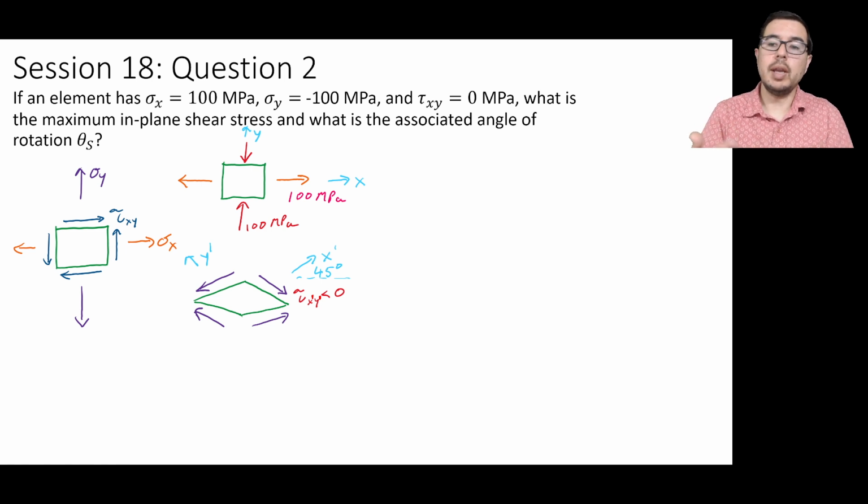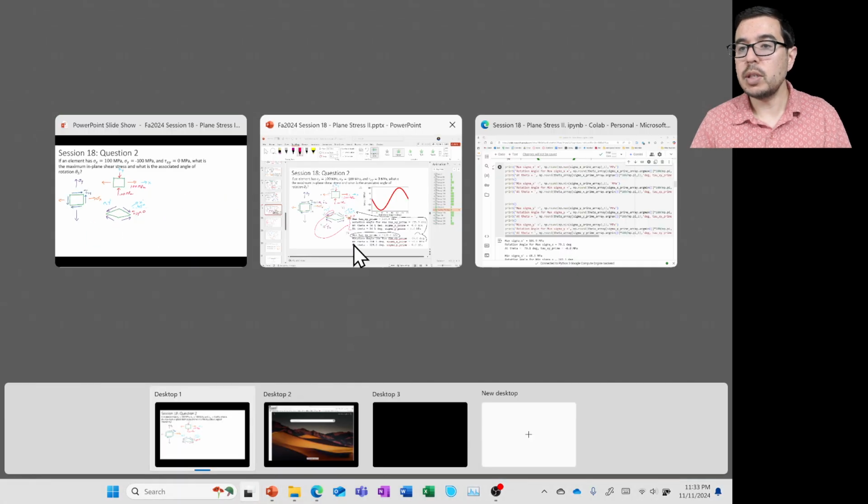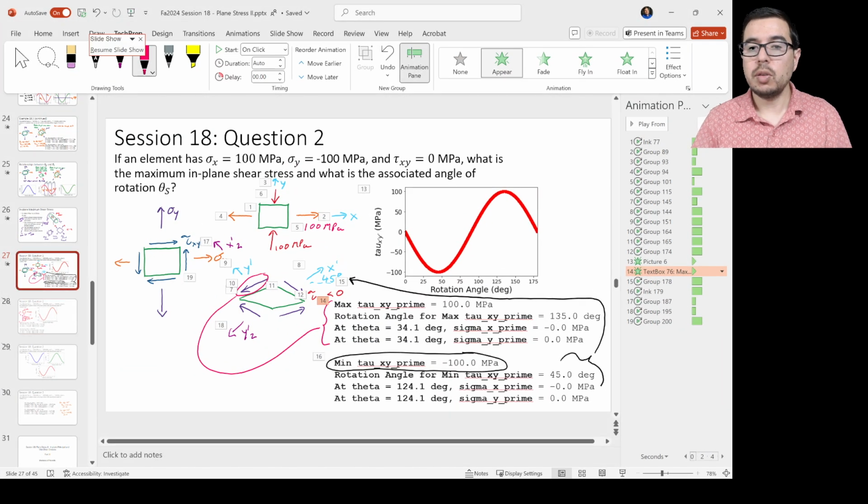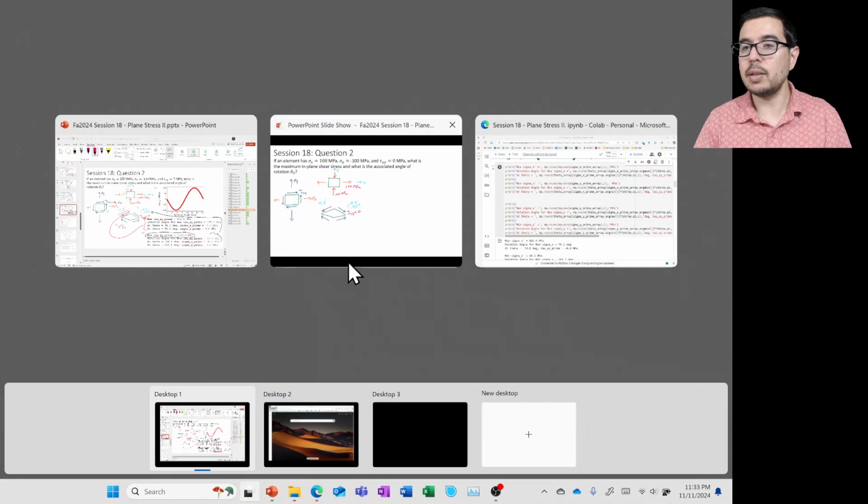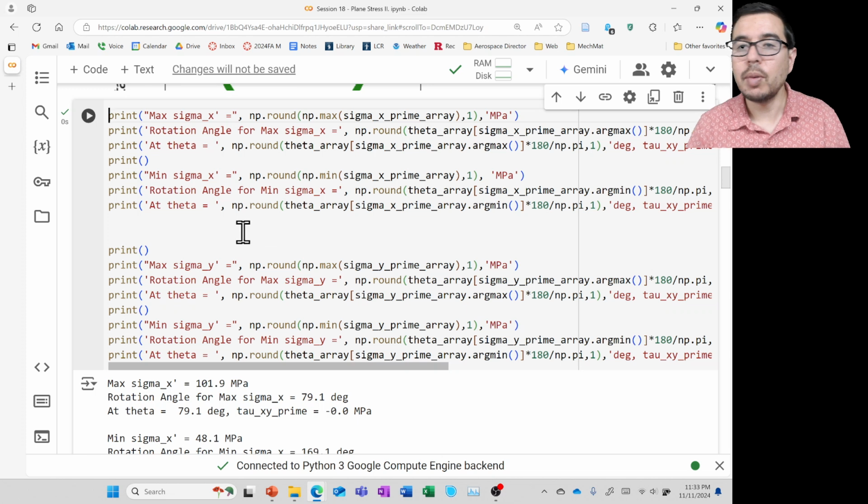Now let's go ahead and start to think about what the actual values will be for this transformed state of stress. It's an equivalent state of stress, but we haven't solved for what this tau x prime y prime might be. And we're going to use the trial and error method, so let's go ahead and go back to Python.